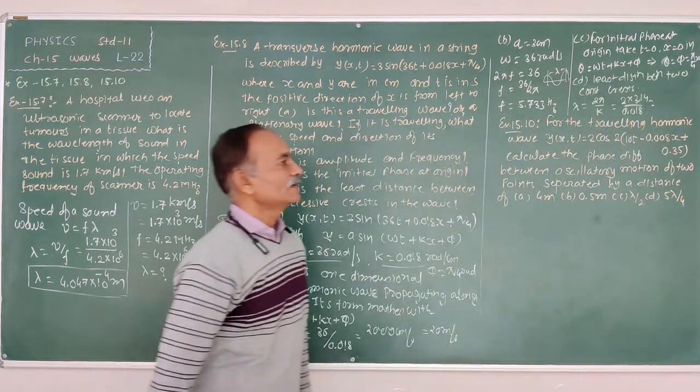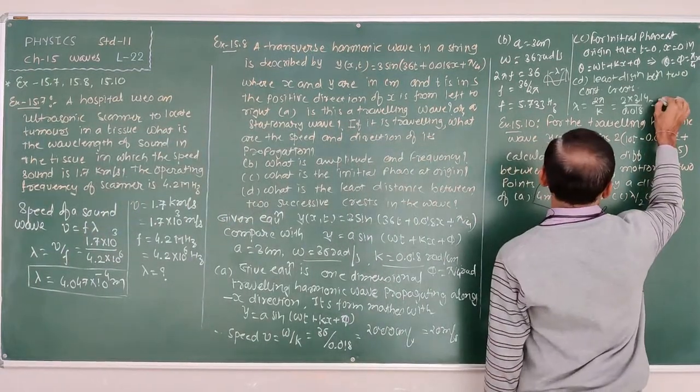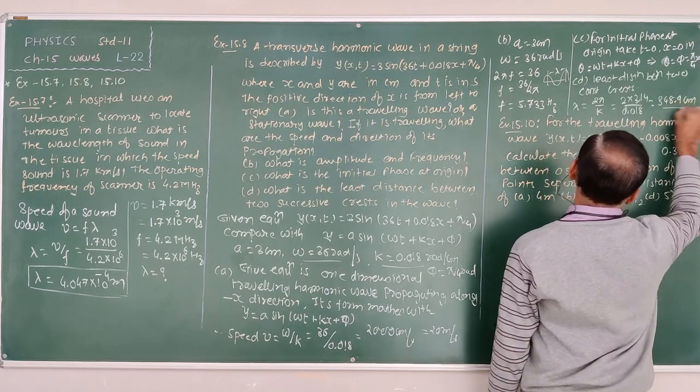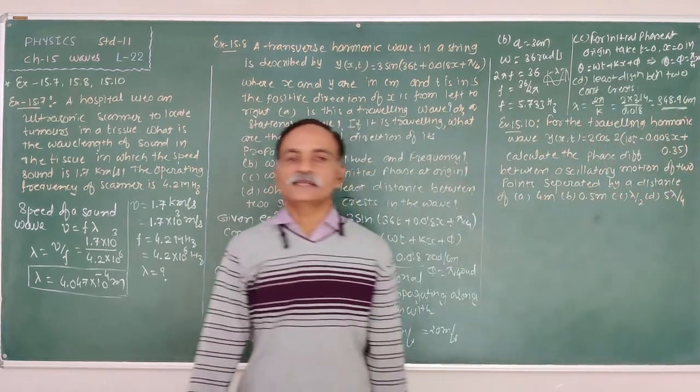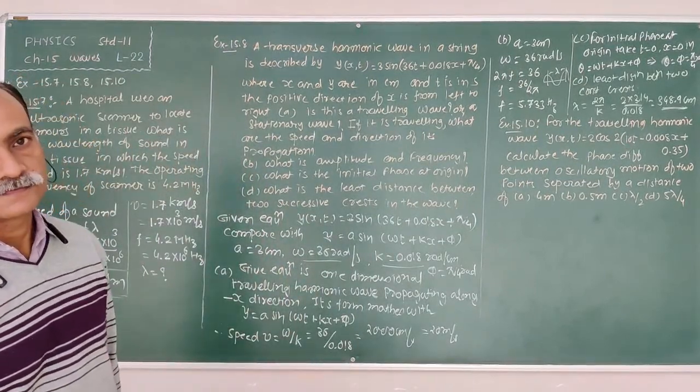Thus we obtain 348.9 centimeter. That is the distance between the two consecutive crests in a wave.